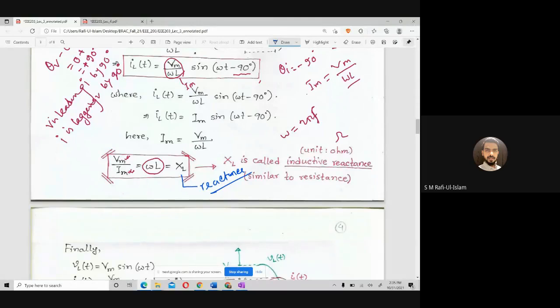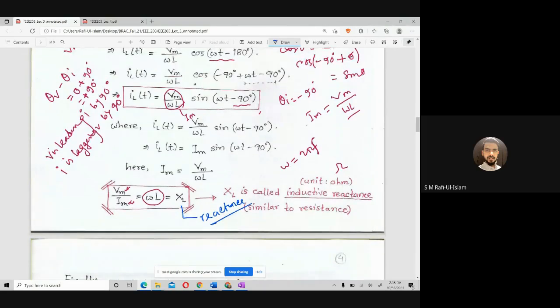All this calculation involves sine waves or cosine waves, and these are not easy to calculate all the time. So after 2 or 3 more classes, we'll see that the AC circuit can also be solved easily using this relation.